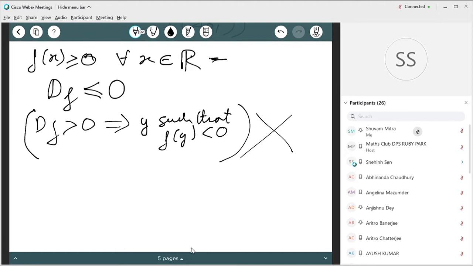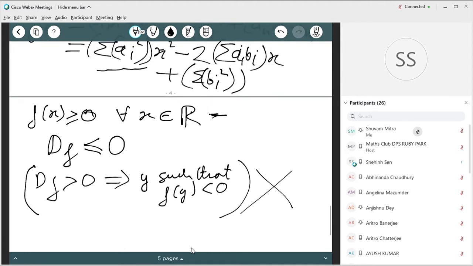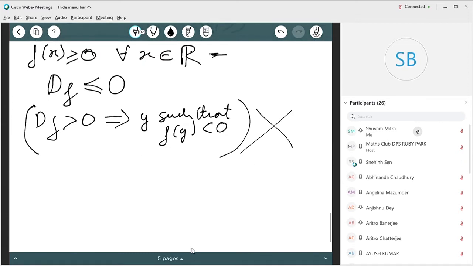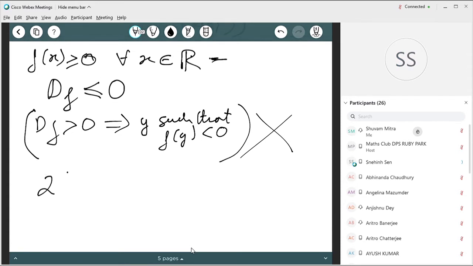So what is the discriminant of f over here? Let's look at the quadratic once again in the second form. What's the discriminant? It's b square minus 4ac. So we have 2 times sigma ai bi, whole square.